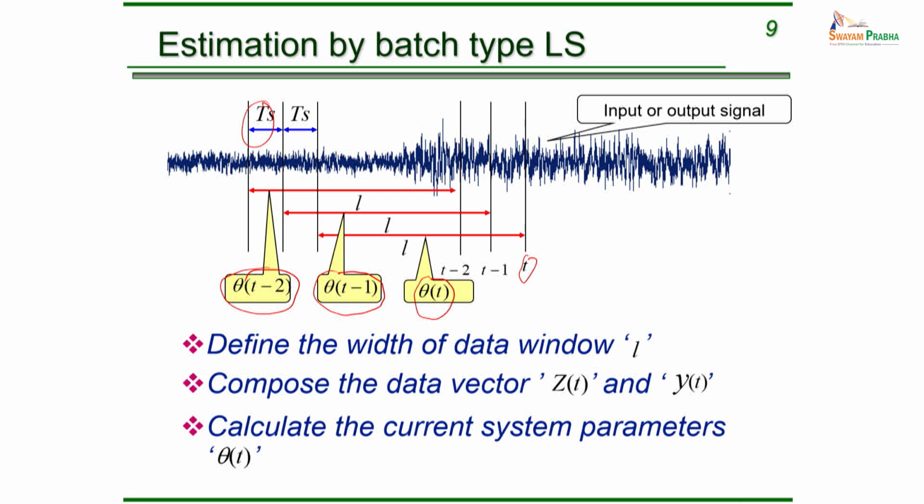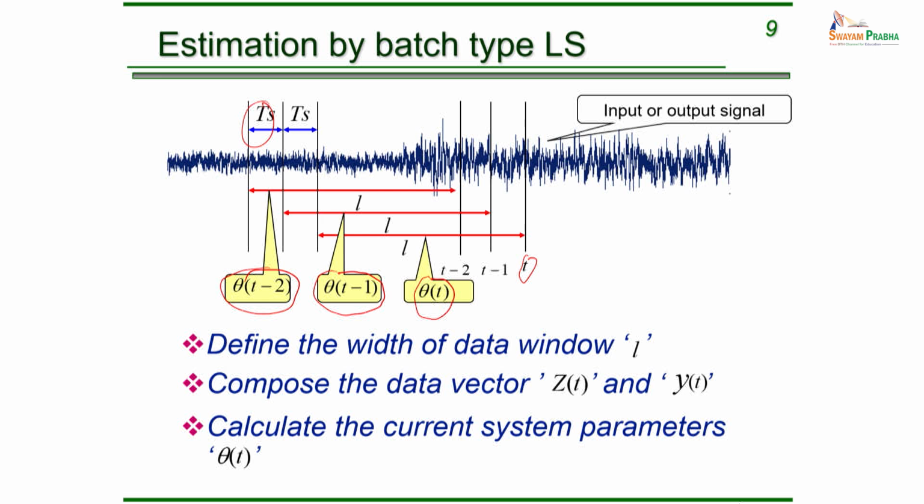So we have to decide what is the length or the width of the data that we want to use to obtain the estimate. If the system is changing rapidly, then you have to make sure that the width you use will capture the information in the data.